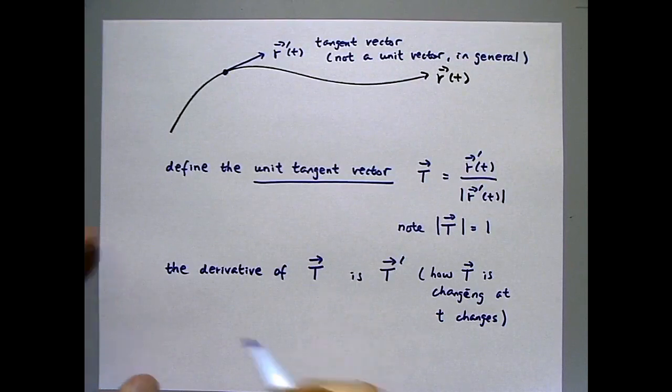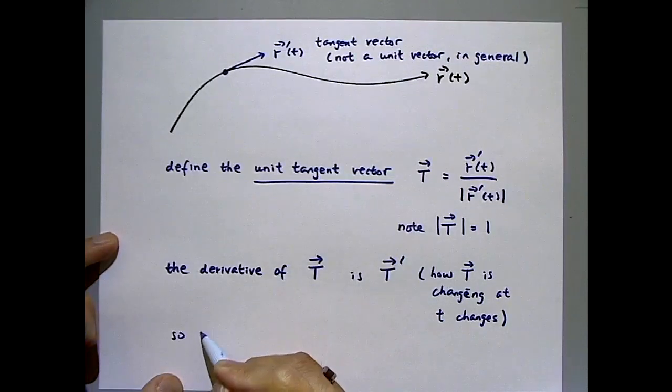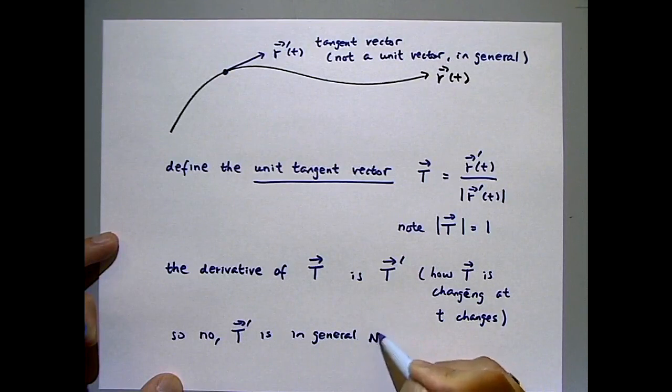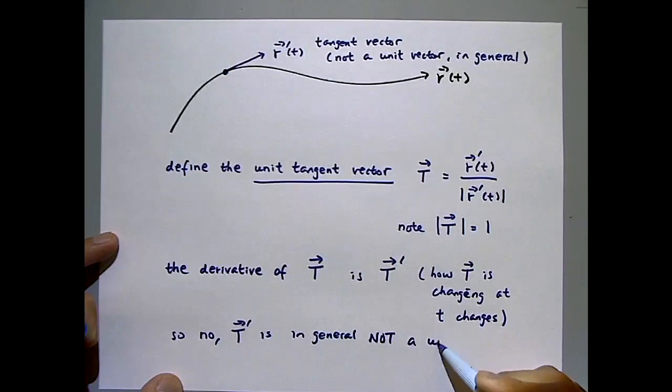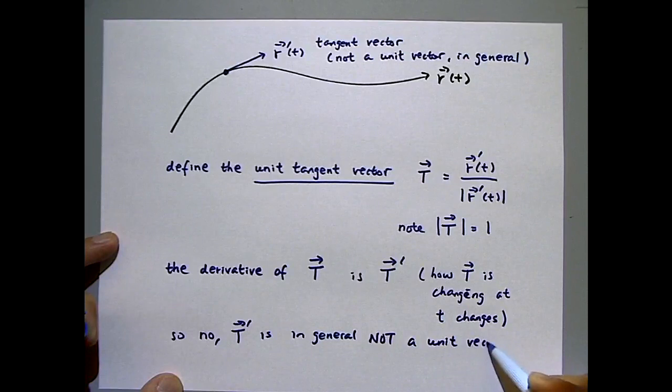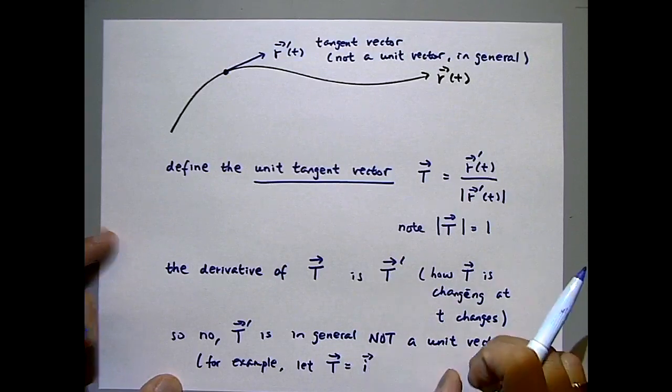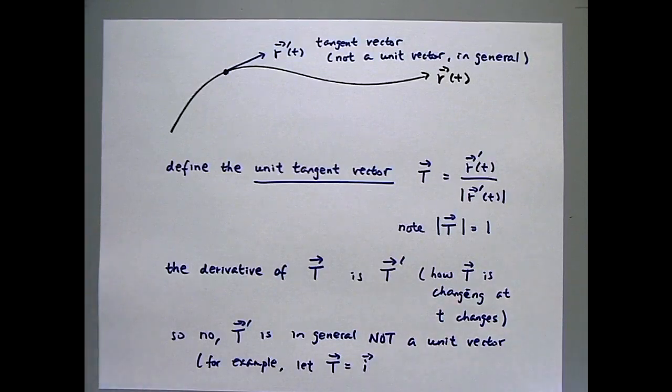0, right. So no, T prime is in general not a unit vector. For example, let T equal i, right? If you think of a straight line along the x-axis, then the tangent vector is i, yes?